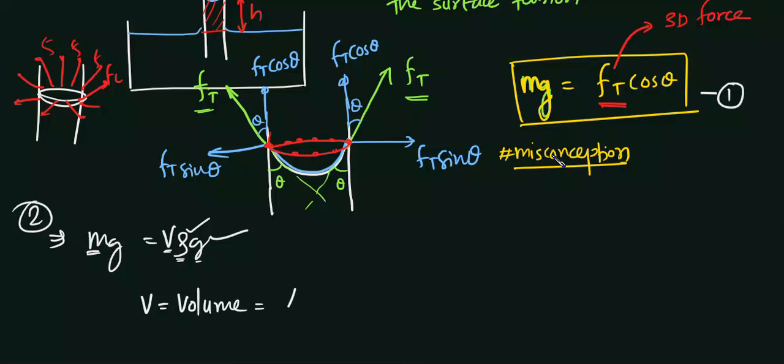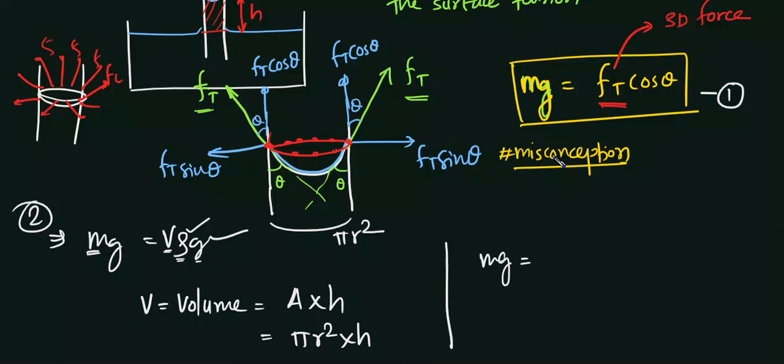Now volume can be written as area of cross section into height h. Here the area of cross section for this uplifted water is pi r square, isn't it? So here it is pi r square into h. So finally, the mg, or the weight of this water which is being uplifted here, will be equal to pi r square h rho g. Let's call this equation number 2.